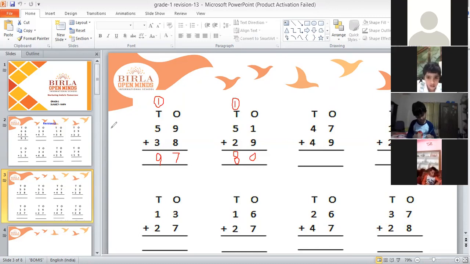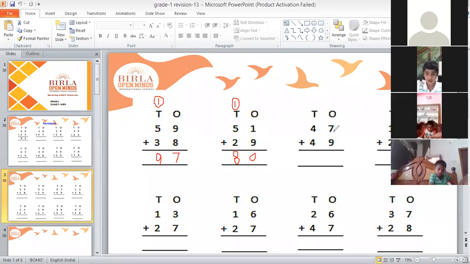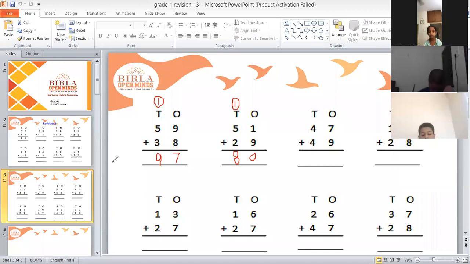Ashwath. Yes, ma'am. Now Ashwath, read the next question. This 47. Read this question. You have to read the number in ones place and tens place together. So this is 47. Yes, Ashwath. Now your camera is off and you have muted yourself.